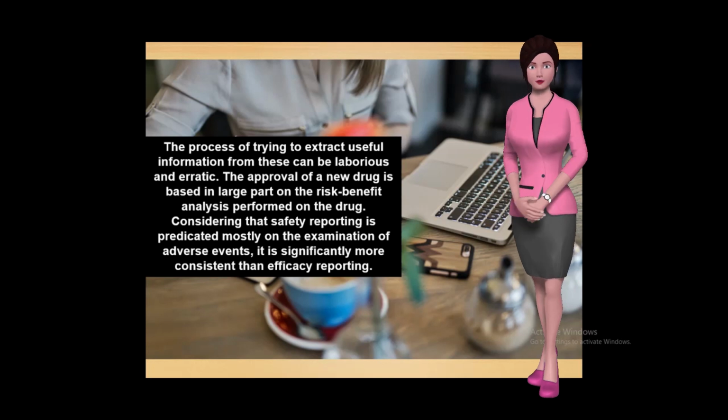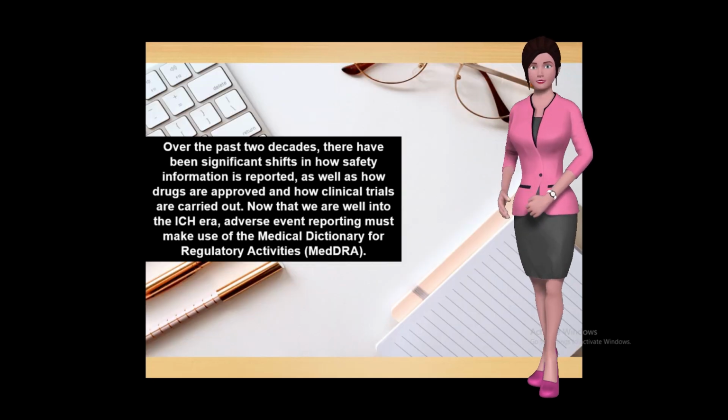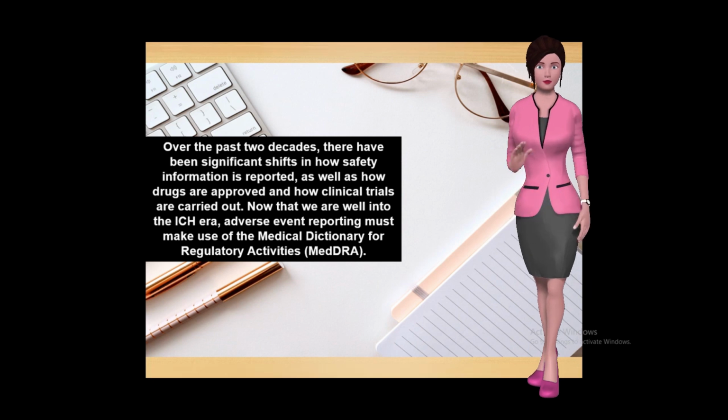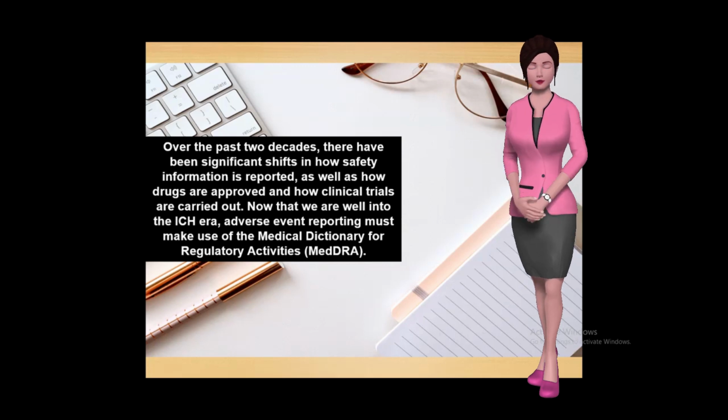The approval of a new drug is based in large part on the risk-benefit analysis performed on the drug. Considering that safety reporting is predicated mostly on the examination of adverse events, it is significantly more consistent than efficacy reporting. Over the past 2 decades, there have been significant shifts in how safety information is reported, as well as how drugs are approved and how clinical trials are carried out.